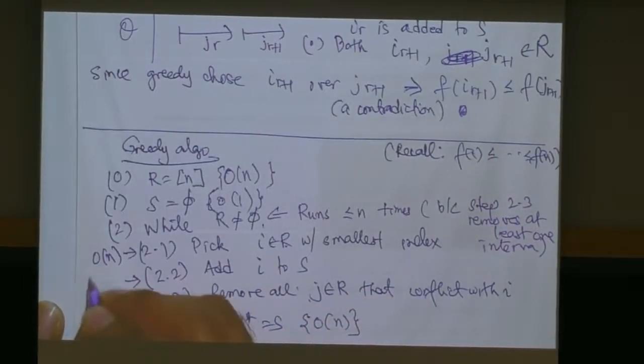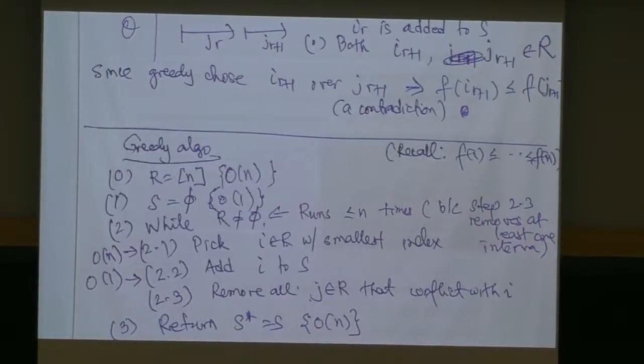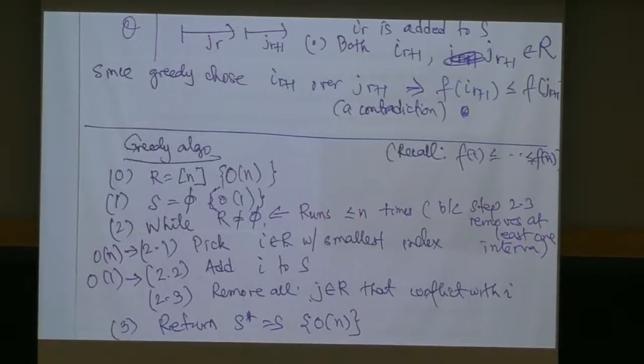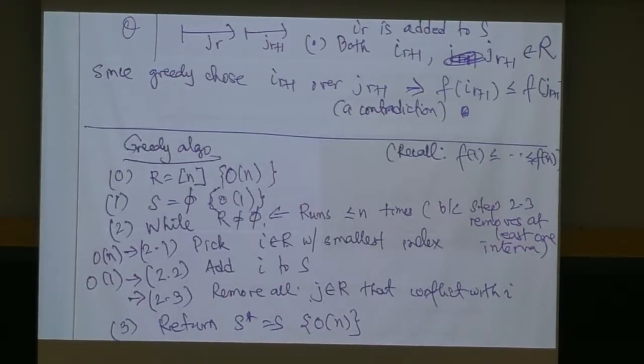Depending on your data structure, you can even assume that adding a new element to the set only takes constant time, but no worse than order n for sure. And then you have to go and check all the intervals in set R. Again, in the worst case, there could be up to n of them. Check whether they conflict with i. Checking for conflict is constant time. And then if it conflicts, then remove.